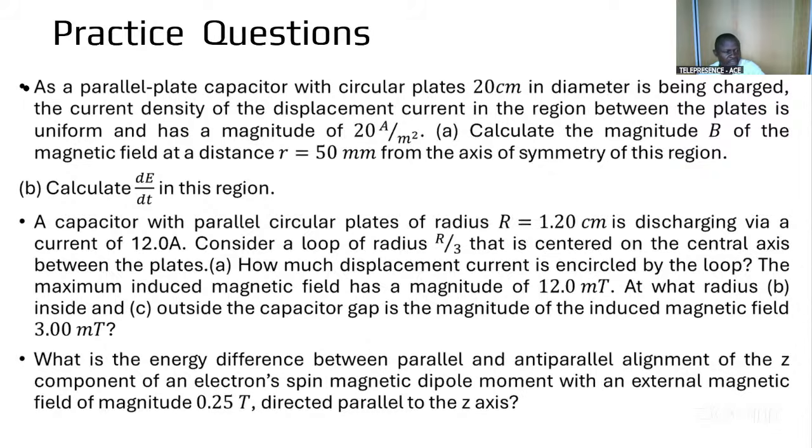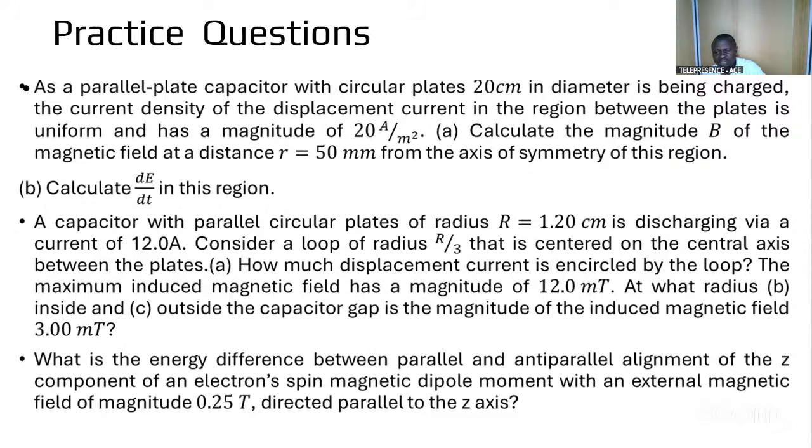So let's look at the first question. I'm going to dictate the question. A parallel plate capacitor with circular plates 20 centimeter in diameter is being charged. The current density of the displacement current in the region between the plates is uniform and has a magnitude of 20 ampere per square meter.